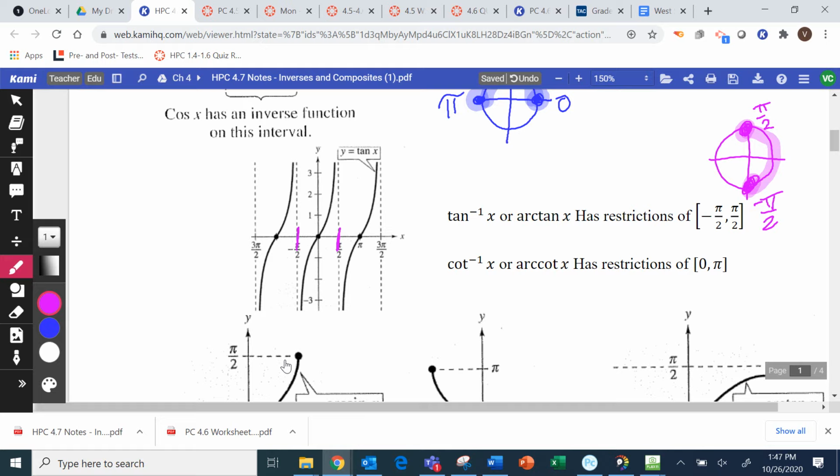And then cotangent, I don't have a graph for cotangent, but cotangent is going to be the same points as it was when we were graphing it from 0 to pi.